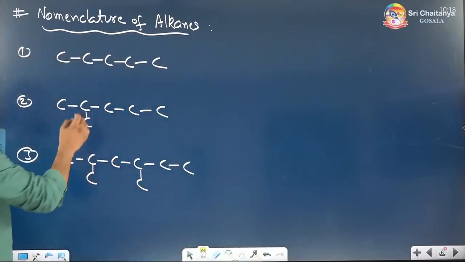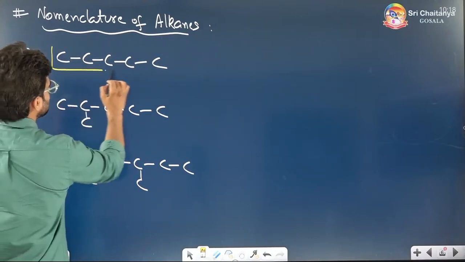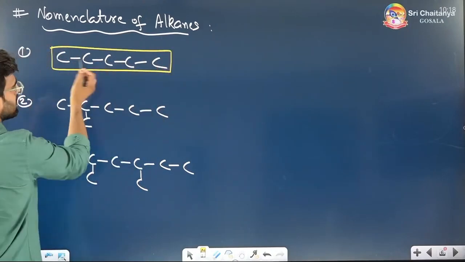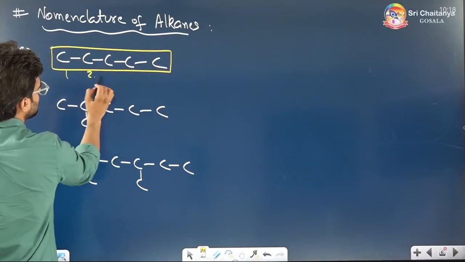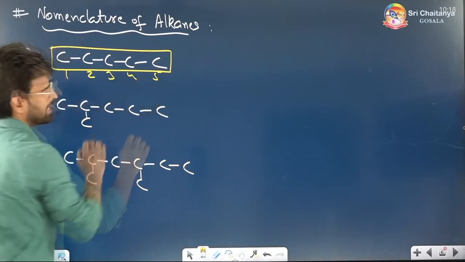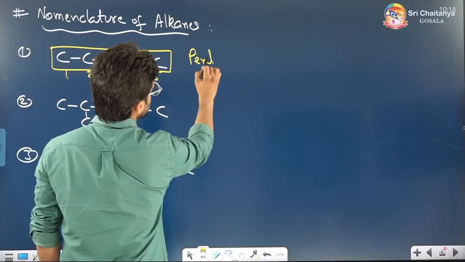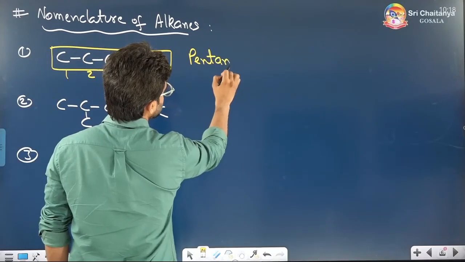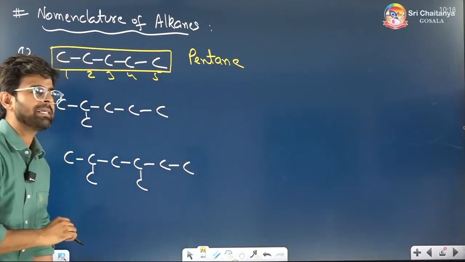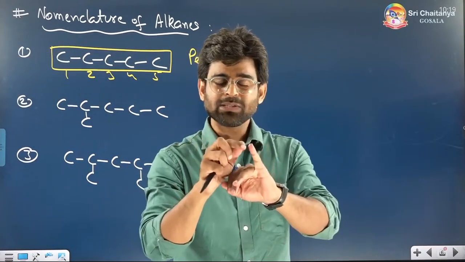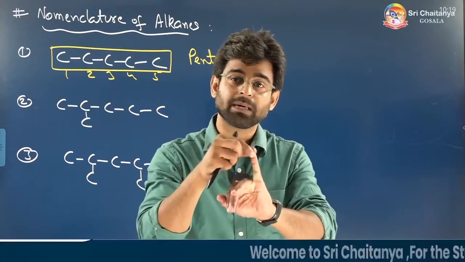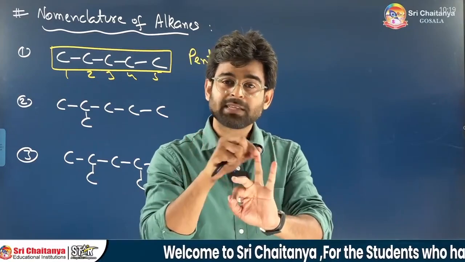Yes, everyone, try the first one. What is the main chain? Only one main chain, only one chain is present, so no doubt you can start from any end. 1, 2, 3, 4, 5. Just a simple thing. It is what? Pentane. Pent is the word root and it is only a single bond. So ane. Pentane. In all the names, it is not necessary that a functional group will come, or cyclo will come.